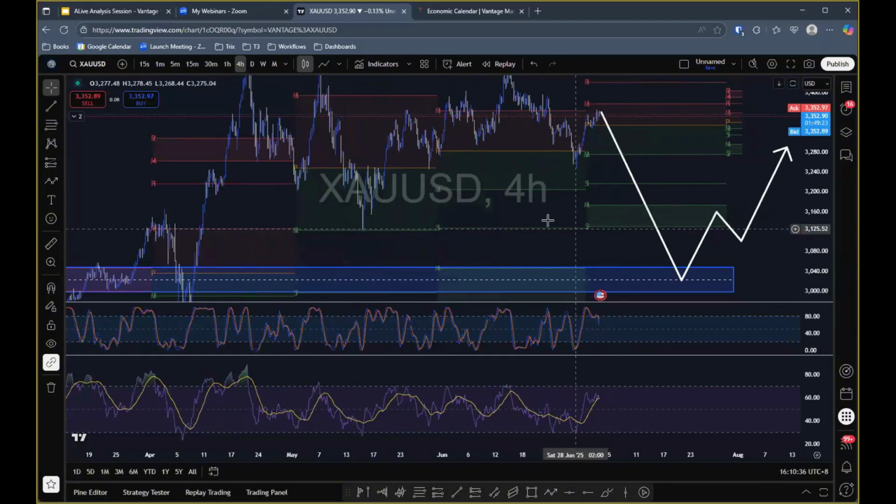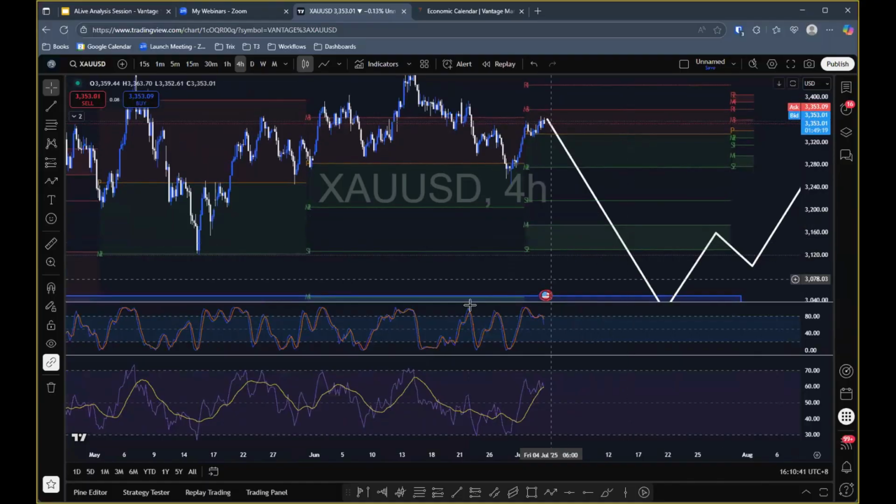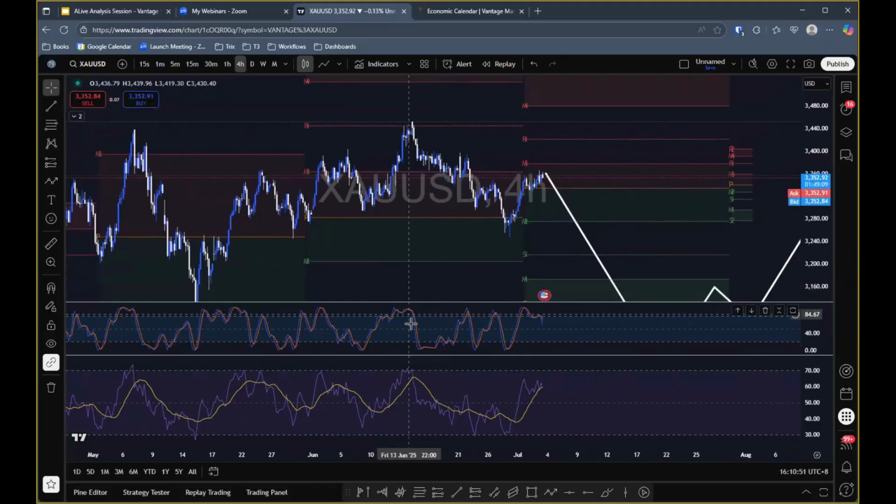Okay, so essentially what you can measure on the falls at least is how long it took to go from an overbought level to an oversold level, right? So that is the cadence, and from the overbought region, how long does it take to come back up to the second overbought region?